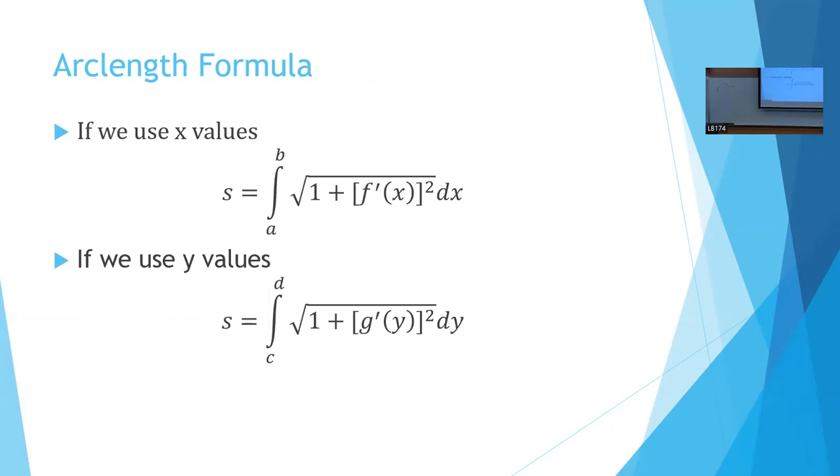And if you use x values, then the arc length is the integral from a to b, x value of a to x value of b, of the square root of 1 plus f prime of x squared.